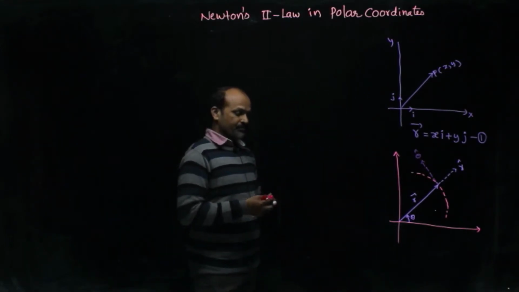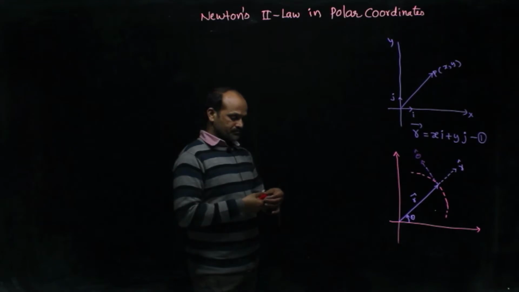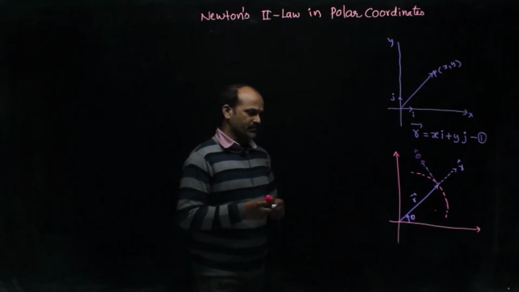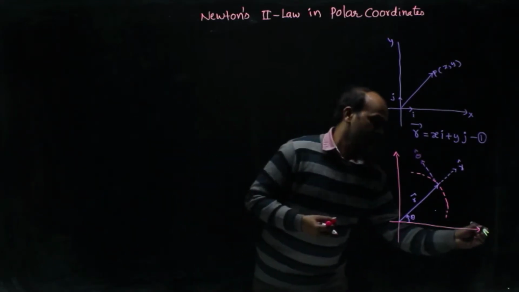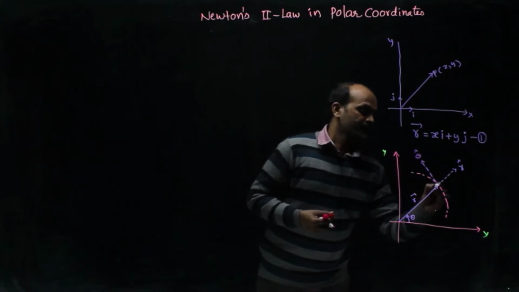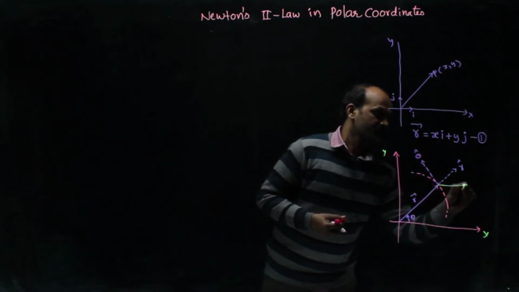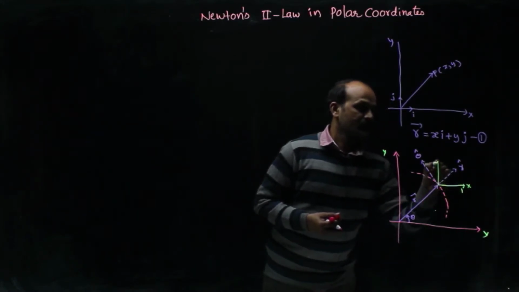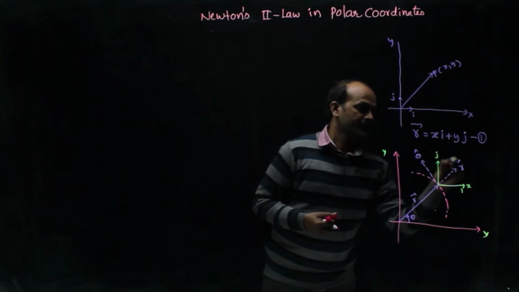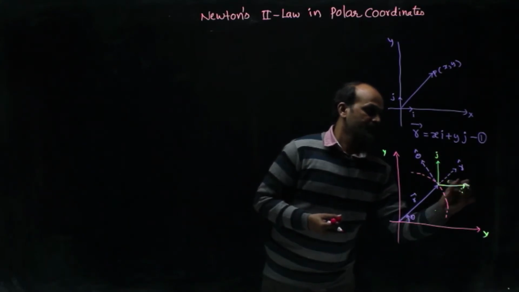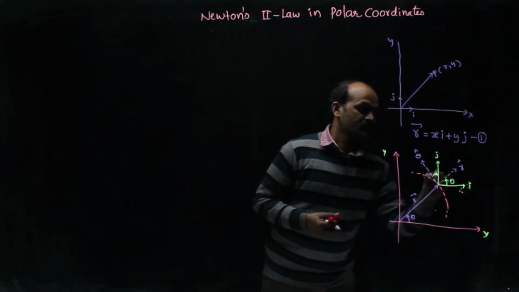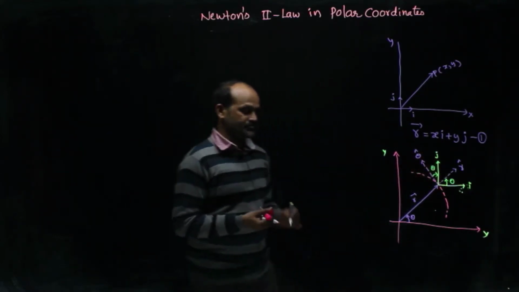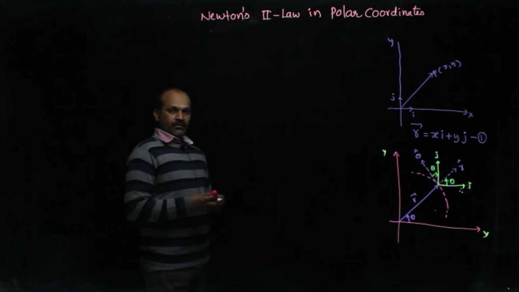Now we will draw the x and y axes. This is x, that is i, this is j, this is i, and it makes theta angle. Of course, this also makes theta angle.